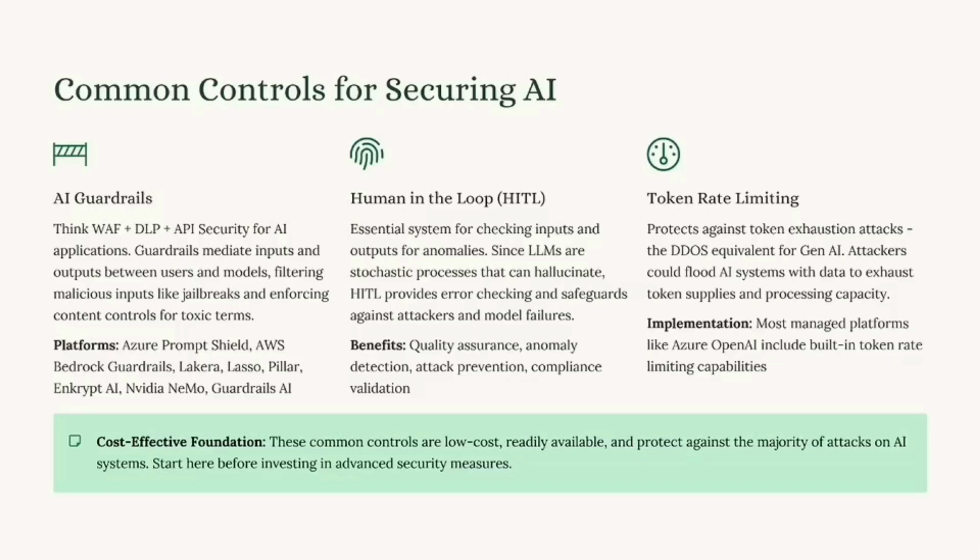Also, for scalability, right, if you're hosting an application in your enterprise, you're building your own chatbot with Azure OpenAI, there's a limit on the amount of tokens that you're going to use, and you're going to be charged per token. So they put in hard limits to make sure the system remains performant. Now you can adjust those up and down, but token rate limit is your DDoS protection for your AI environments.